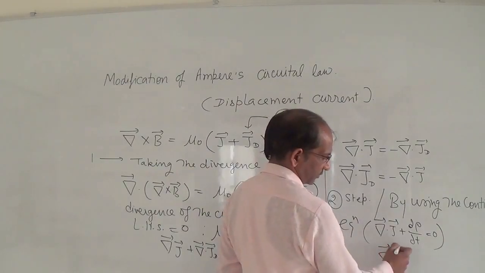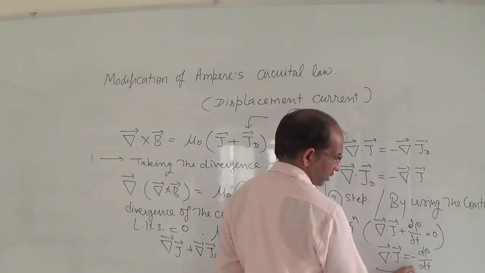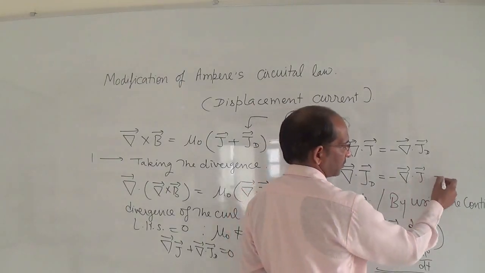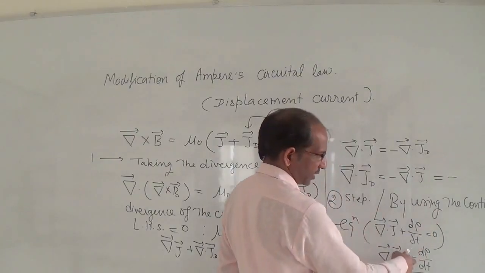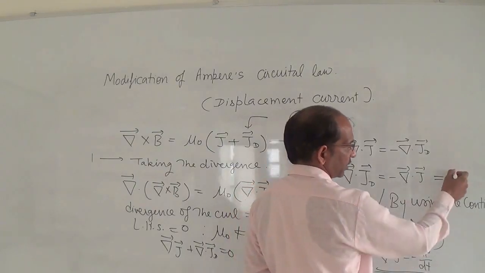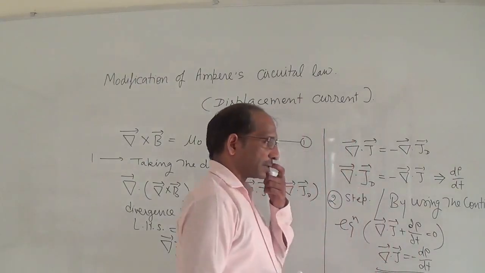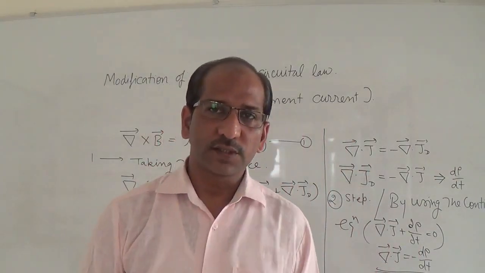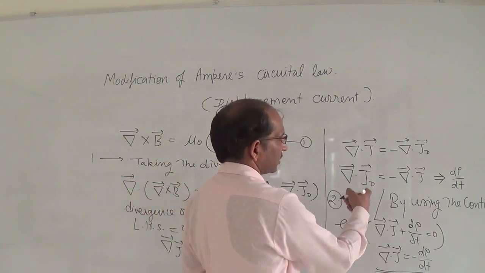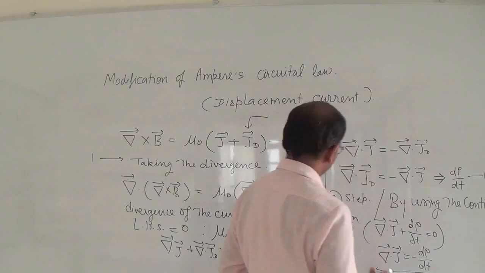So I am putting this value of del dot J in this particular equation. So this minus and this minus becomes plus, and we have del dot JD is equal to d rho upon dt. Suppose this is equation number 3.